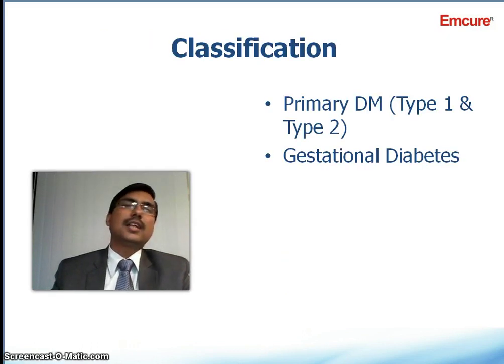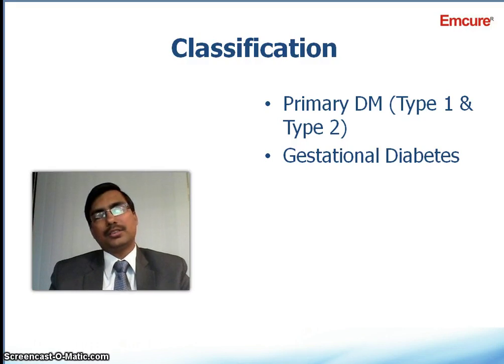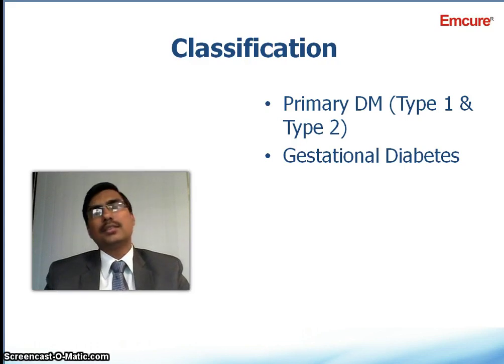Now let us understand various classifications of diabetes. In general, diabetes can be classified into primary and gestational diabetes, and these are the two diabetes which are very common. Primary diabetes can be further divided into type 1 and type 2.